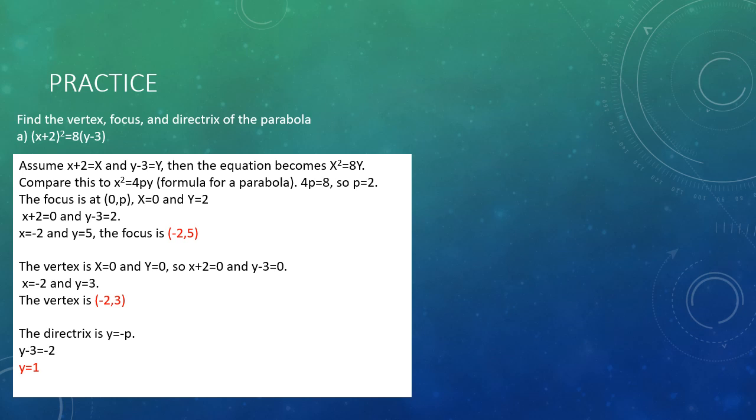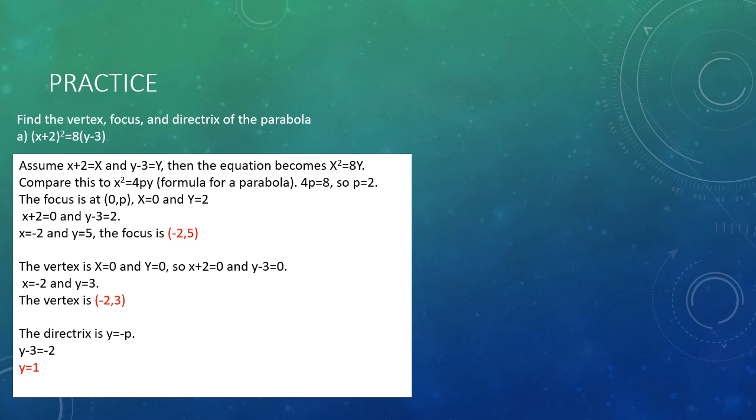Now we can compare this to the equation for a parabola, which is x squared equals 4py. And then comparing those two, 4p would be equal to 8, and solving for that, p is now equal to 2. And now we know that the focus is at (0, p), so X equals 0 and Y equals 2.